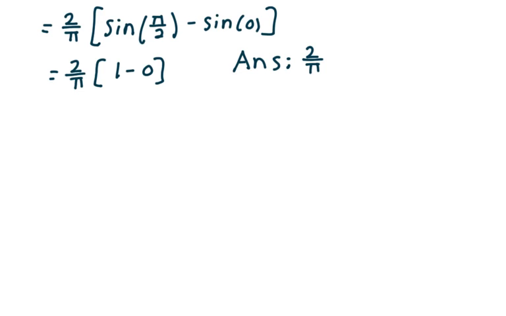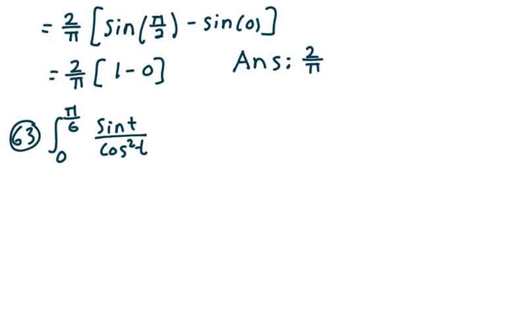Let's take a look at problem number 63. Suppose we had the following. So we're going to integrate from 0 up to pi over 6 of sine t divided by cosine squared t dt.